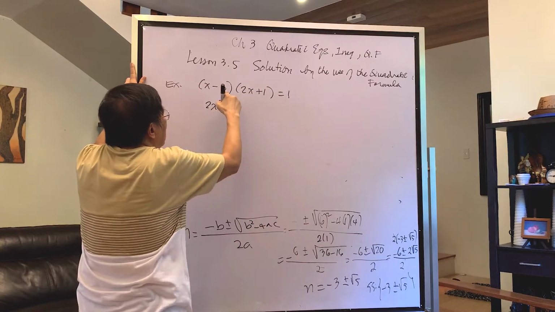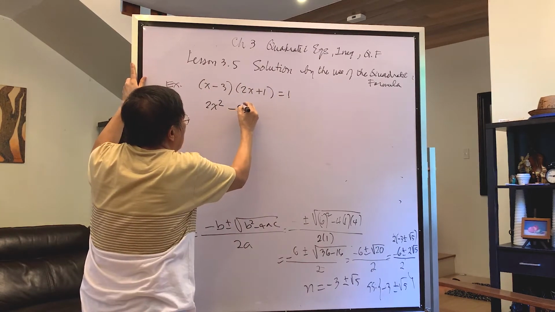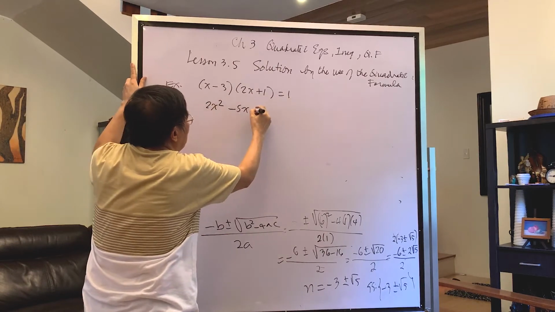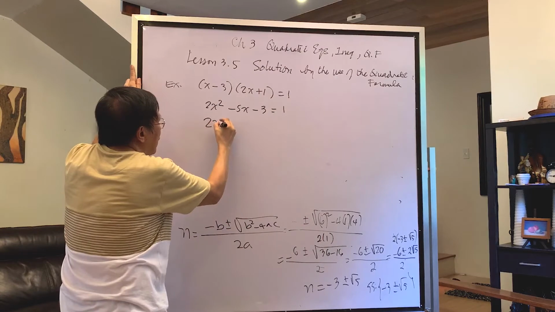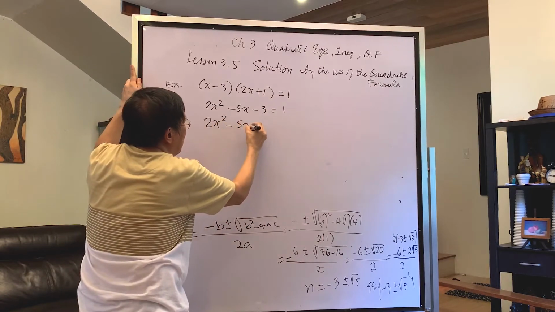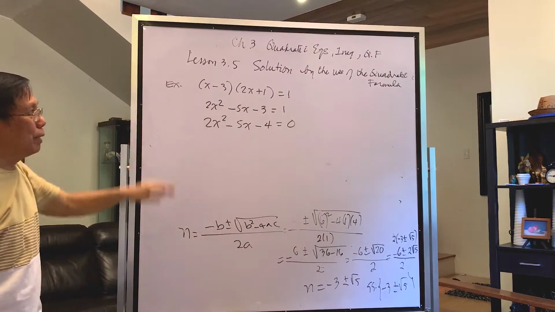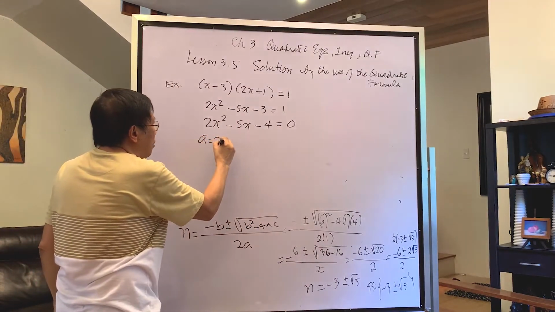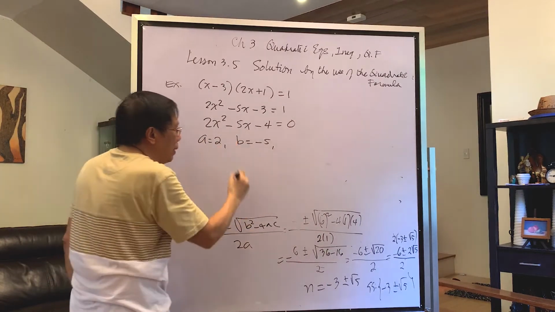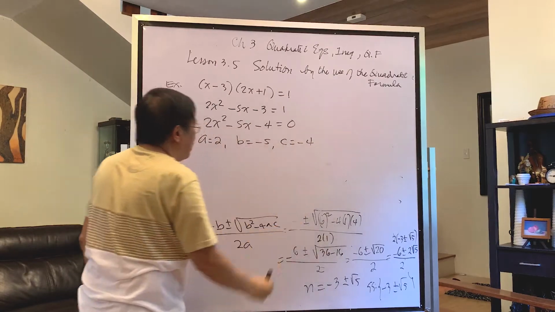My middle term is minus 6x plus 1x, which gives me negative 5x, and the third term will be minus 3, and this one is 1. Writing the equation in the standard form, I should have 2x squared minus 5x minus 4 equals 0, where I identify my A to be 2, my B to be negative 5, and my C is negative 4.